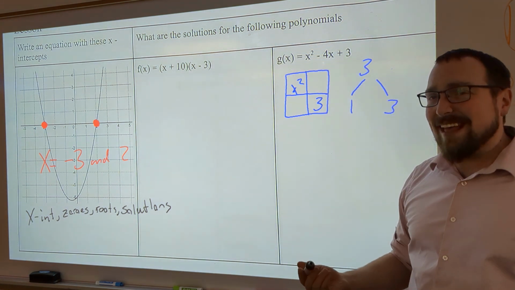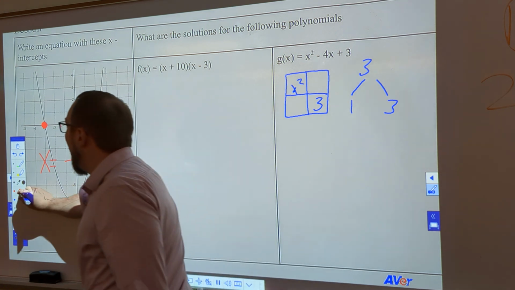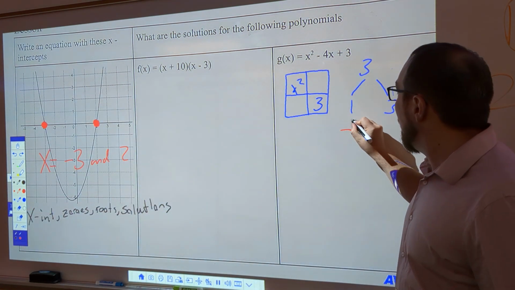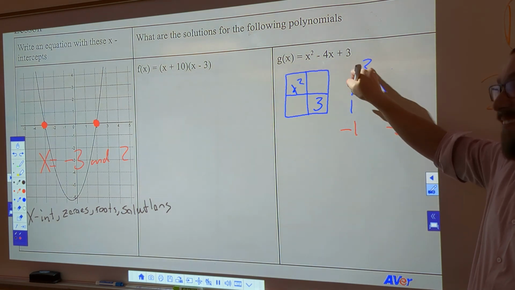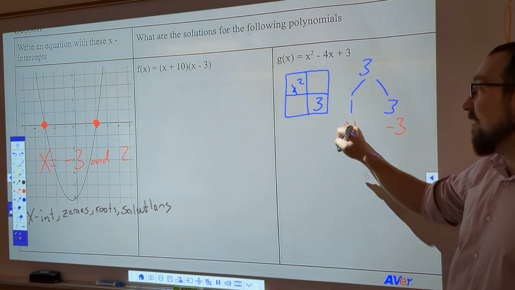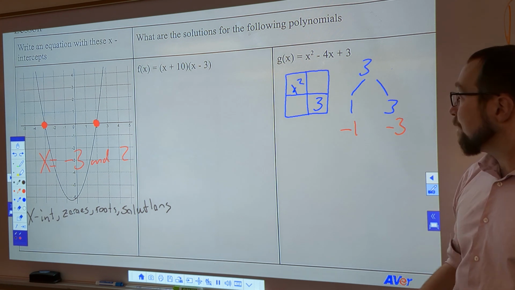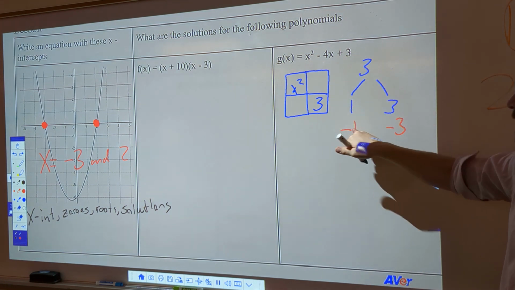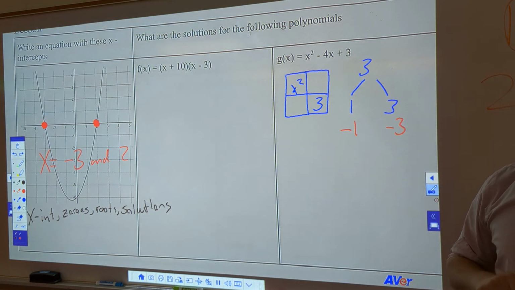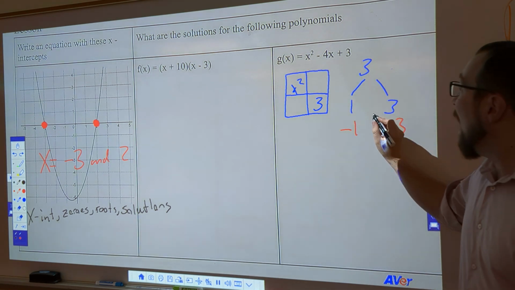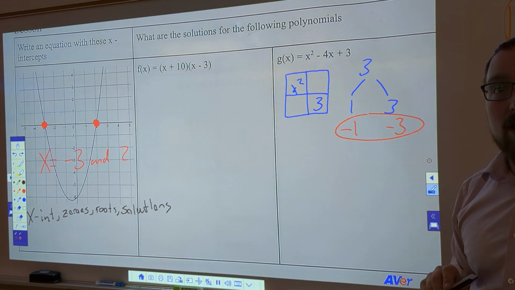And there is actually. We have another option, and it's negative 1 and negative 3. Negative 1 times negative 3 is still positive 3, because a negative times a negative is a positive. So we would still end up with positive 3. These are another option. And this option does add up to negative 4. So I found my pair.